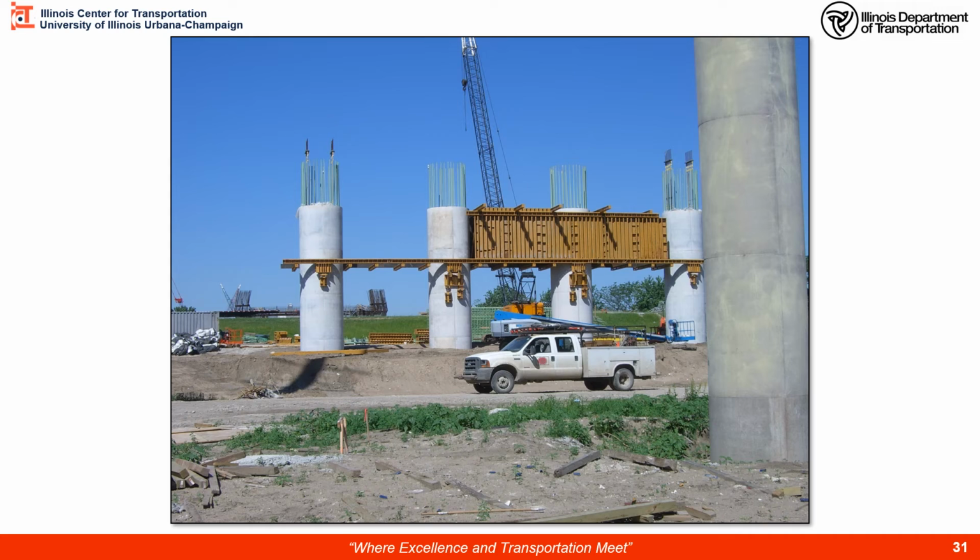Let's move on to cubic yards of concrete for structures. Here you'll see that concrete can be formed into a variety of shapes. This happens to be the Stan Musial Bridge over the Mississippi River, to be I-70 eventually.